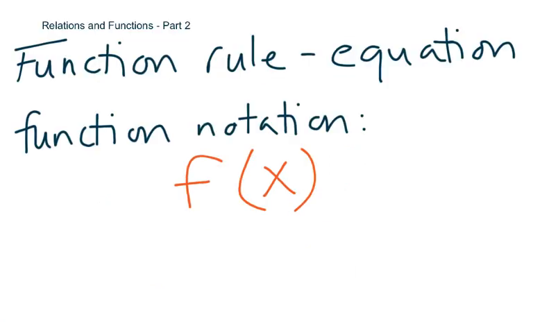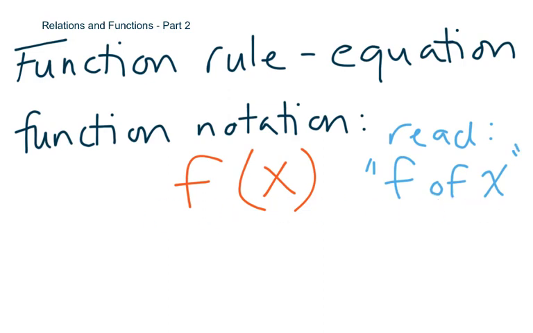So what is this function notation that your teacher didn't like when she had to learn it? It looks like this. The way that you read this out loud is f of x. And so you would have the word "of" in between there.